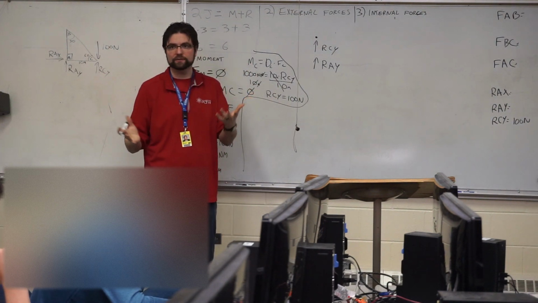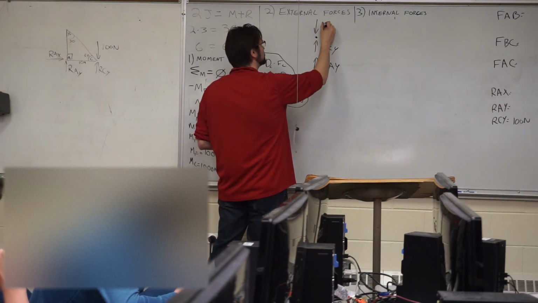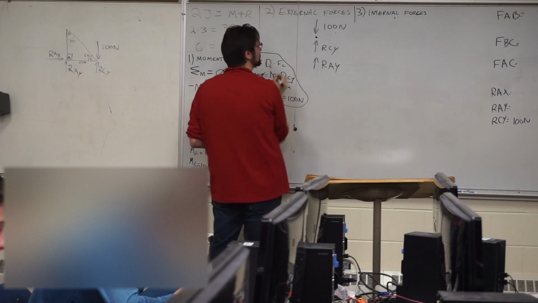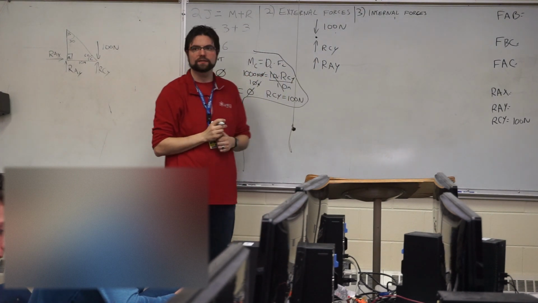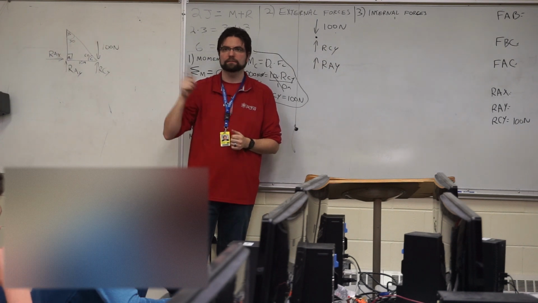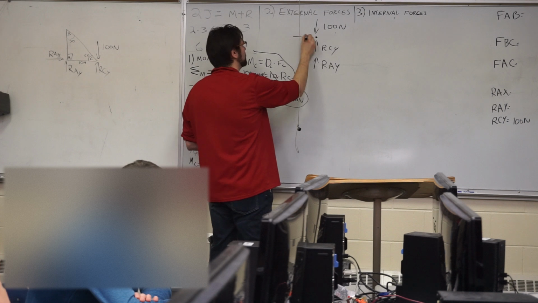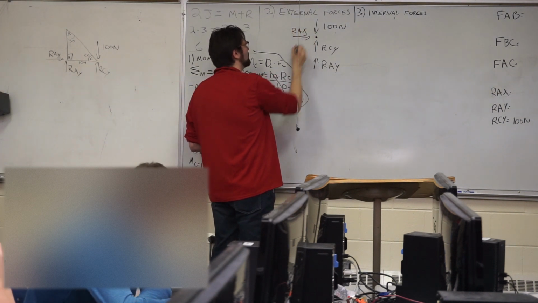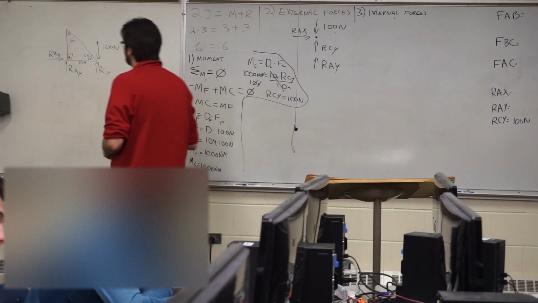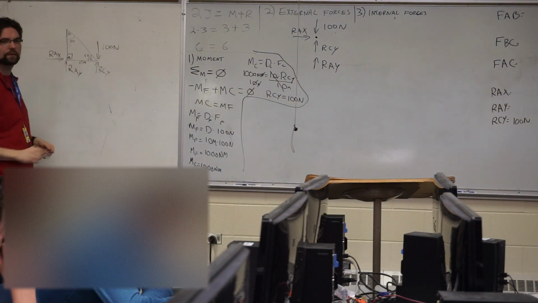By the way, you just said weight, so we should probably write that up here too, right? That 100 newtons. What else is acting on this truss? Gravity. That's in that same 100 newtons. RAX. Okay. 1, 2, 3, 4 things. Okay, I think we got it covered.